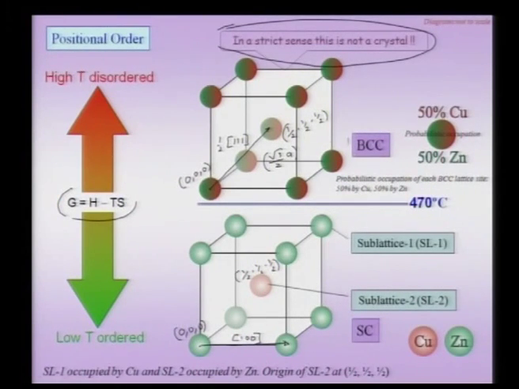Now, for instance, this transformation in this particular system occurs at 470 degrees for a composition of 50% copper and 50% zinc, and I can understand this disorder transformation in terms of the Gibbs free energy driven transformation.